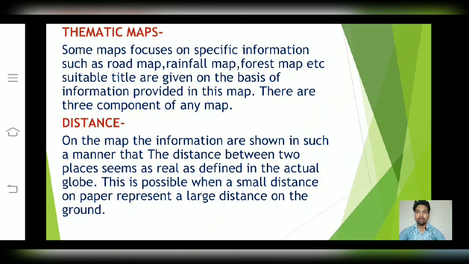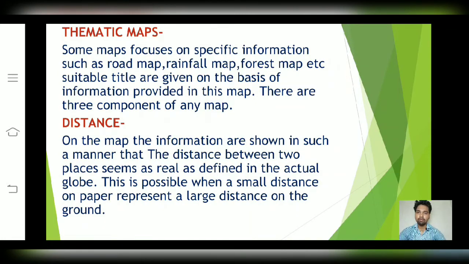Friends, the third one is the thematic map. Friends, the thematic map is also a very useful map for us, basically in study areas. Friends, some maps focus on specific information. Some maps are information oriented.